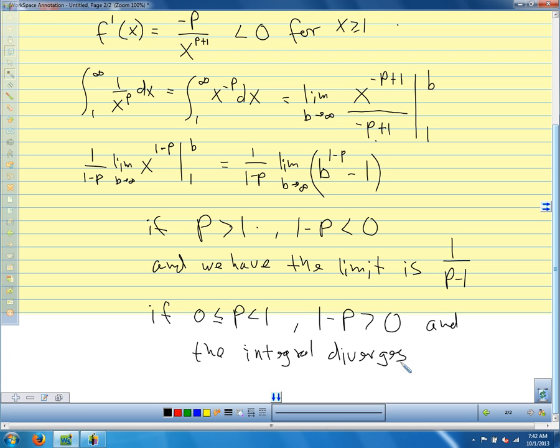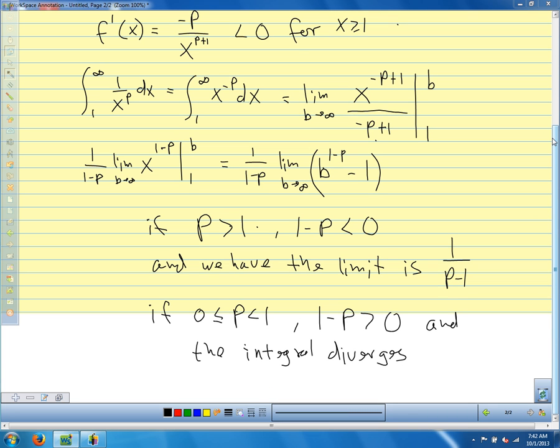Yes. You have to test p equals 1 separately, because we would have to test when p equals 1. That's why I took the equal sign off there. Aside from the integral test, you're saying we'd have to use some other test? We just have to test that separately, because the natural log term doesn't really make sense for p equals 1.